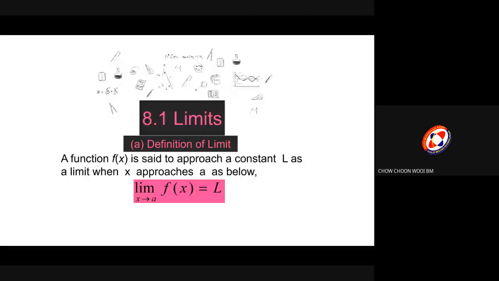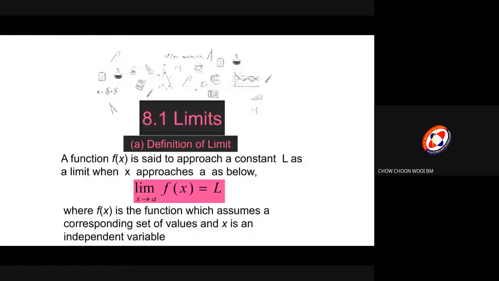Nak baca dia: limit fx as x approaches a is equal to L, atau limit bagi fx apabila x menghampiri a adalah bersamaan dengan L. Ini cara nak sebutlah. So where fx is the function which assumes a corresponding set of values and x is an independent variable.